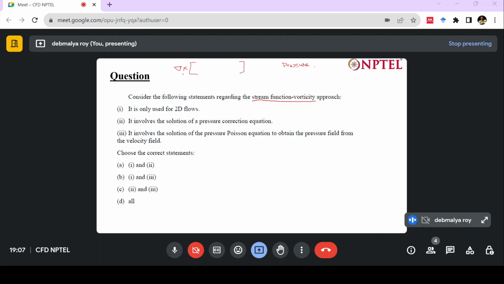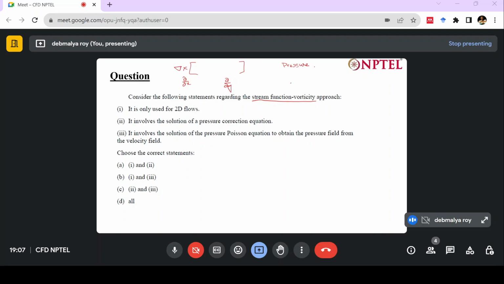Or this can also be described as: you have the Navier-Stokes equation, you take the partial derivative with respect to x and the partial derivative with respect to y in a separate equation and just subtract the two resulting equations.